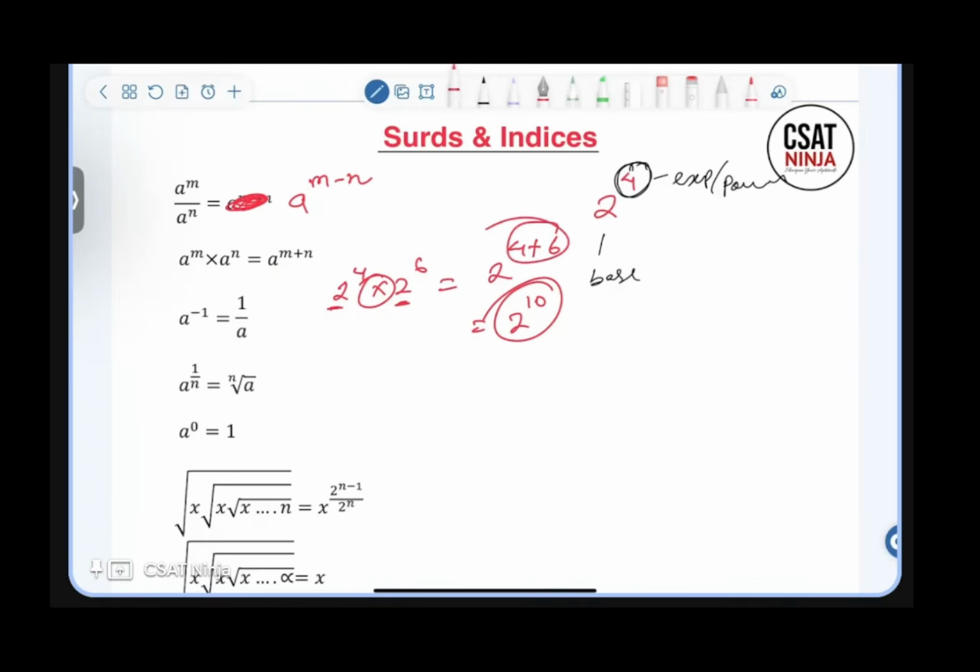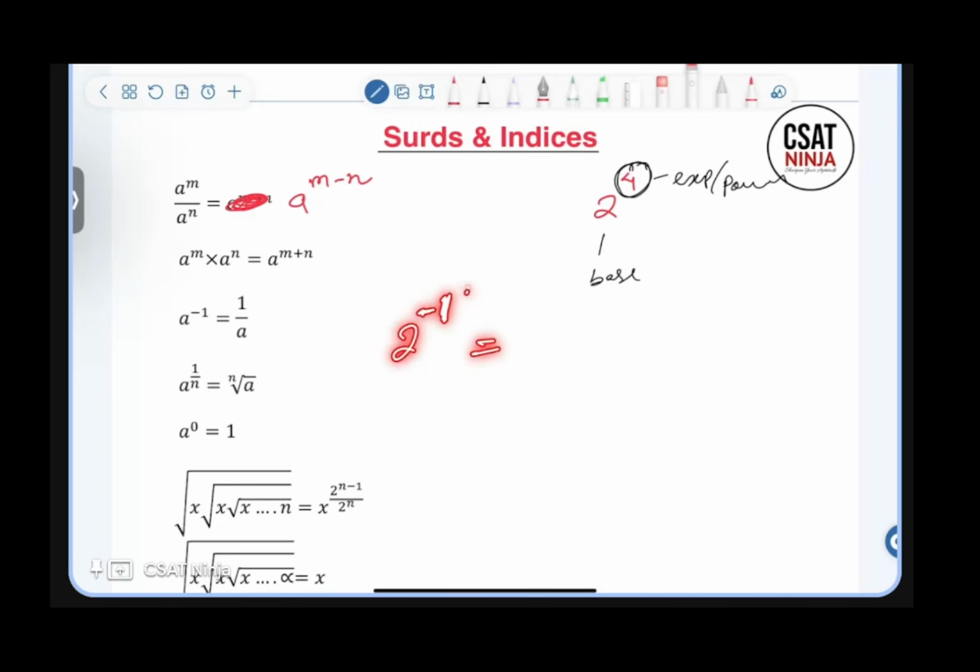That's number 2. Next is, actually, this topic is important for exams. We see lots of questions based on this one. I'll give you one question which was asked recently. If you see a number with 2 to the power minus 1, if there is a minus sign in your power, it means that the number is in the denominator. What if it was 2 to the power minus 3? Then it is 1 divided by 2 to the power 3.